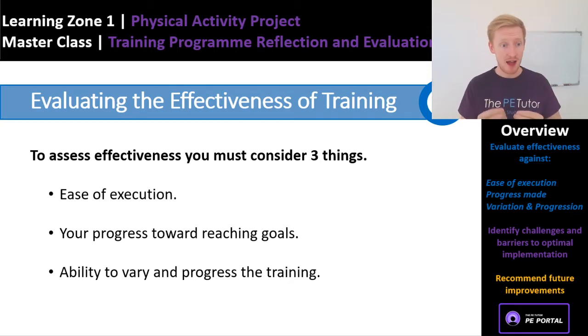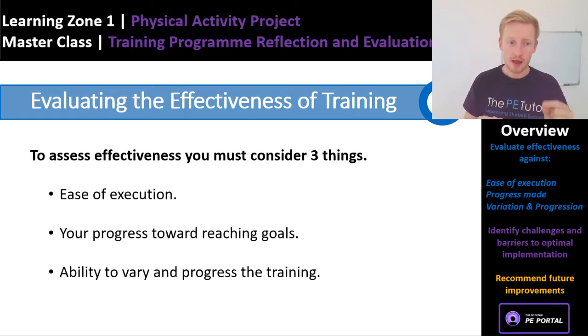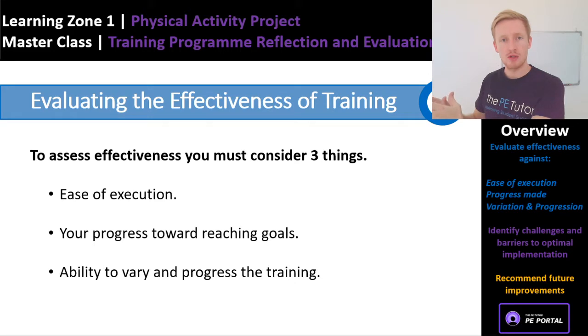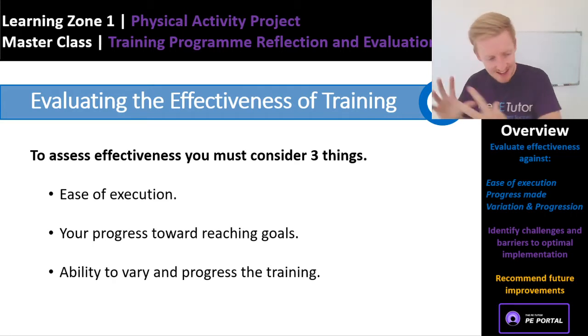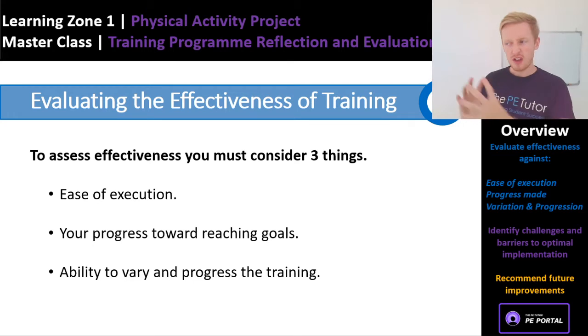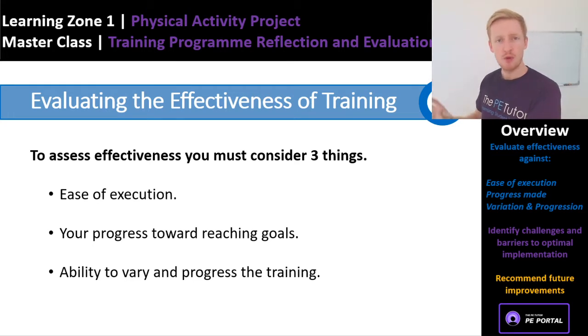Because by doing that, you'll then be able to see how much and where you progressed towards your goals. And then by linking that to your training plan, you're going to be able to evaluate it really well, talking about the main strengths of it because they lead to certain progress, whereas other parts of it probably could be removed for next time because they didn't generate the progress that you intended it to.